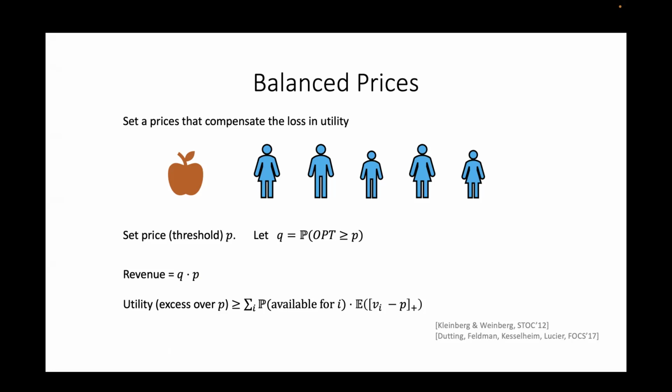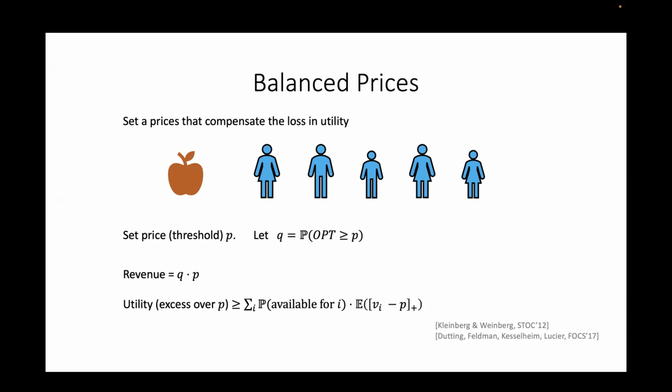And why times? Because notice that the event that the item is available when someone arrives is independent of this person's value, right? Because it depends only on the values of previous people. When I arrive, the algorithm hasn't seen my value.